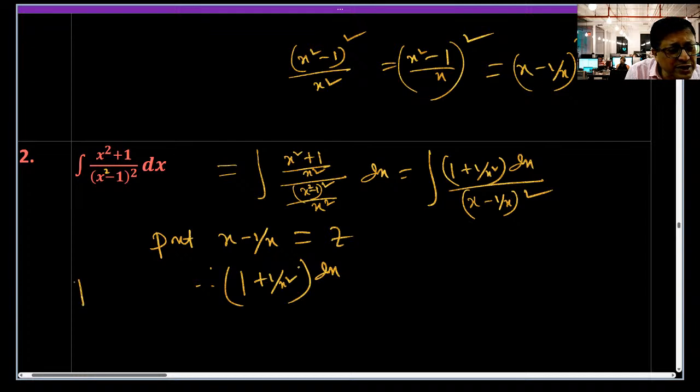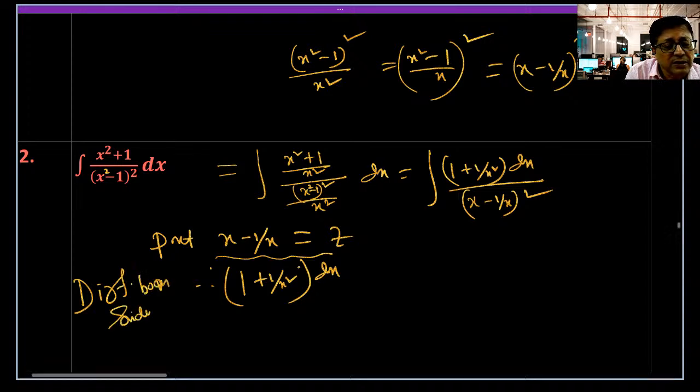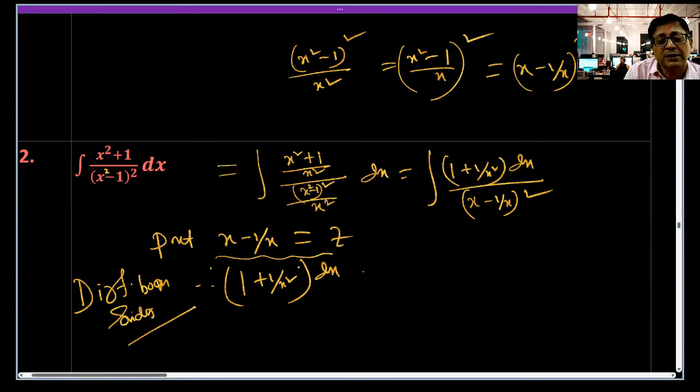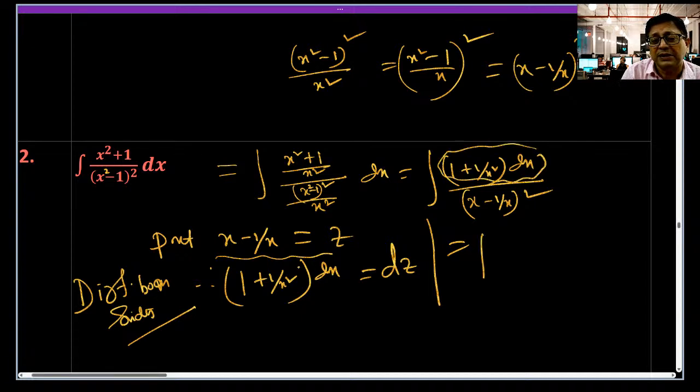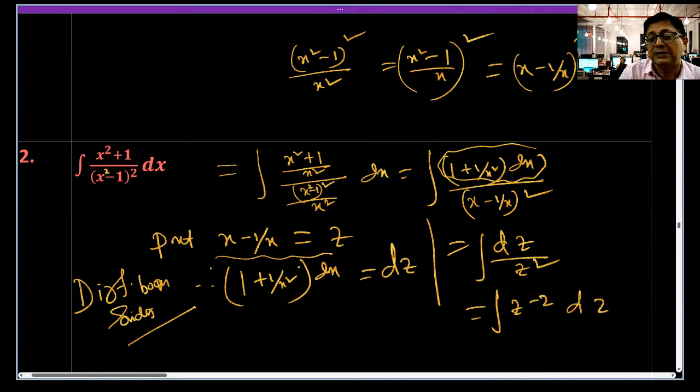So differentiating both sides. After substitution here, always you will differentiate once. What do you get? One part of the integrand, this whole numerator is in the form of dz. And denominator is z square. So this you can do by writing z to the power minus 2 dz.